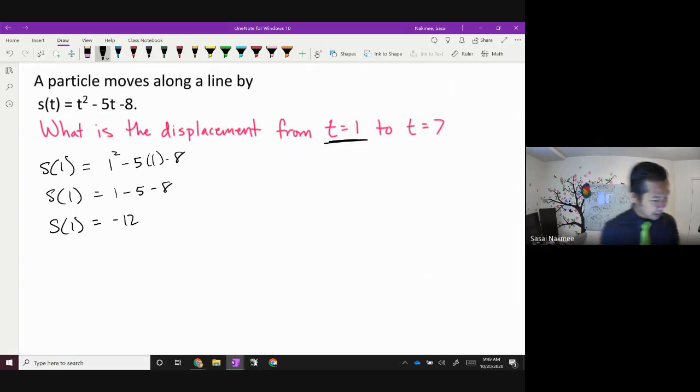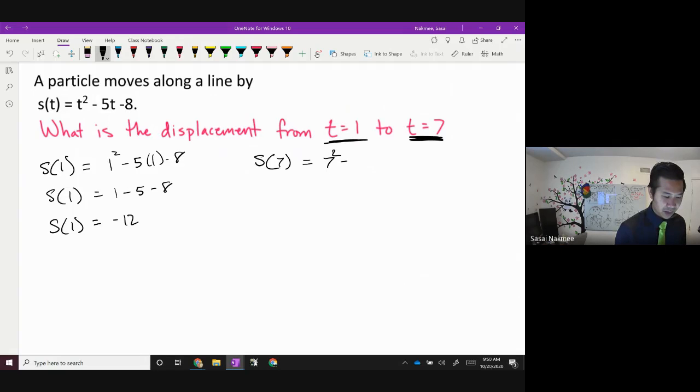So the position of this guy is located at negative 12 after 1 second. That's what this is saying. What's his displacement? Well, then I have to figure out where he ends up after 7 seconds. So I do the same thing. I do the position function, but I plug in 7. So this is going to be 7 squared minus 5 times 7 minus 8.